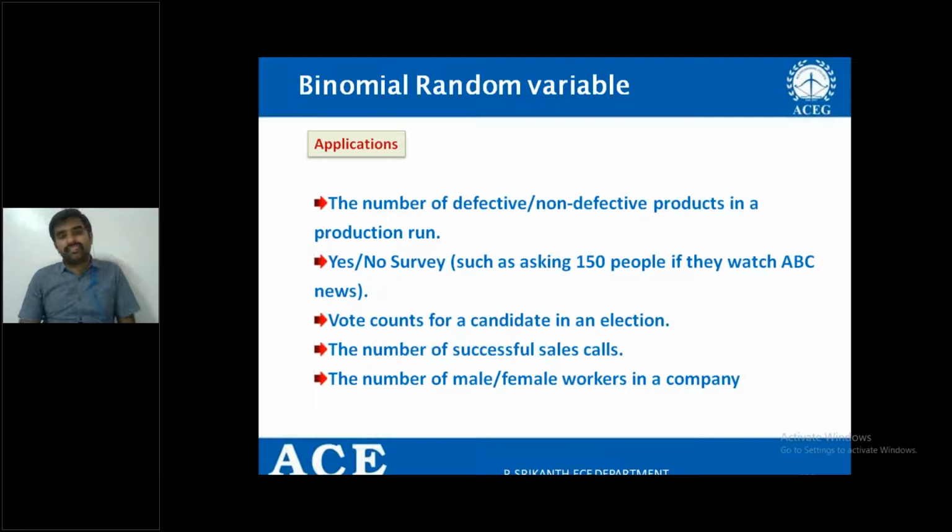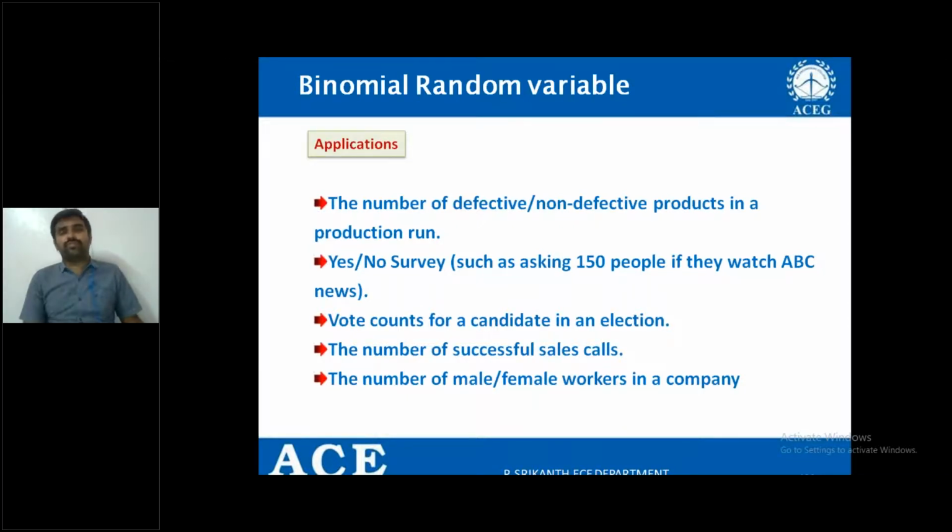So what are the applications here? Here the number of defective or non-defective products in a production run can be assumed as a binomial random variable. And at the same time, a yes or no survey, such as asking 150 people if they watch ABC News.